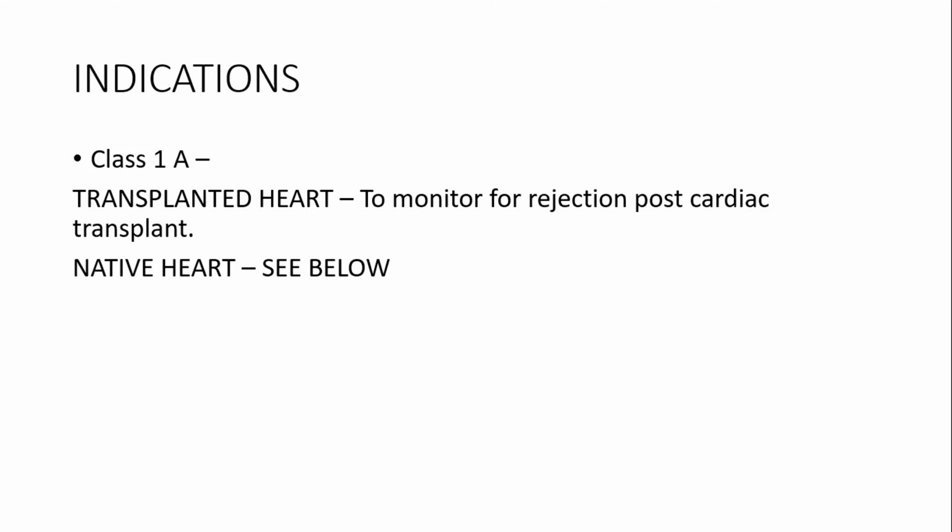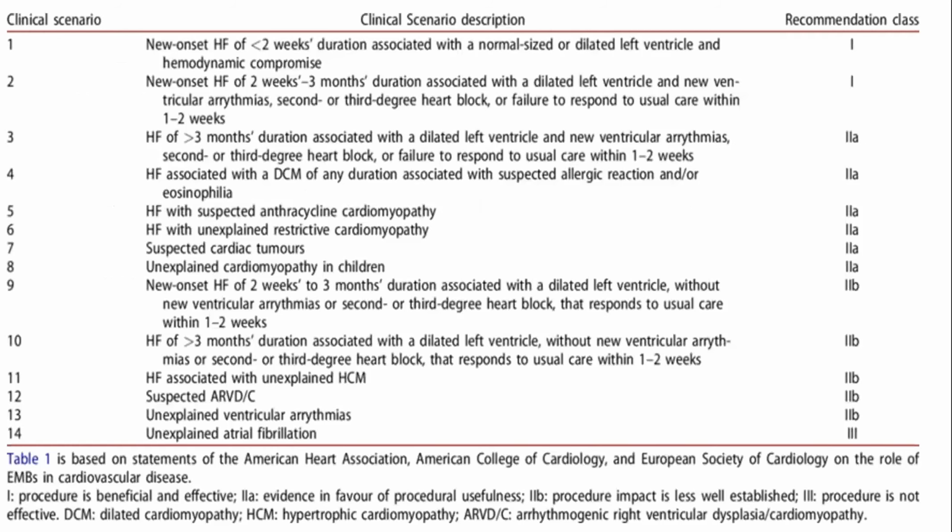For native hearts, the class 1 indications are to identify possible presence of fulminant myocarditis or giant cell myocarditis that will benefit from immunosuppressant therapies.